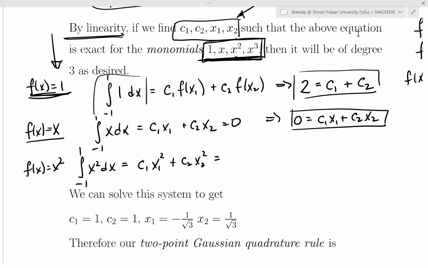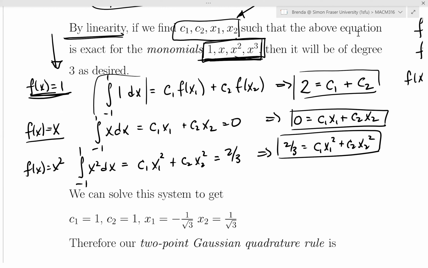Two-thirds. I like two-thirds better than that. Two-thirds. Okay, that tells me that two-thirds has got to be equal to C1 x1 squared plus C2 x2 squared. Okay, I'll keep going.